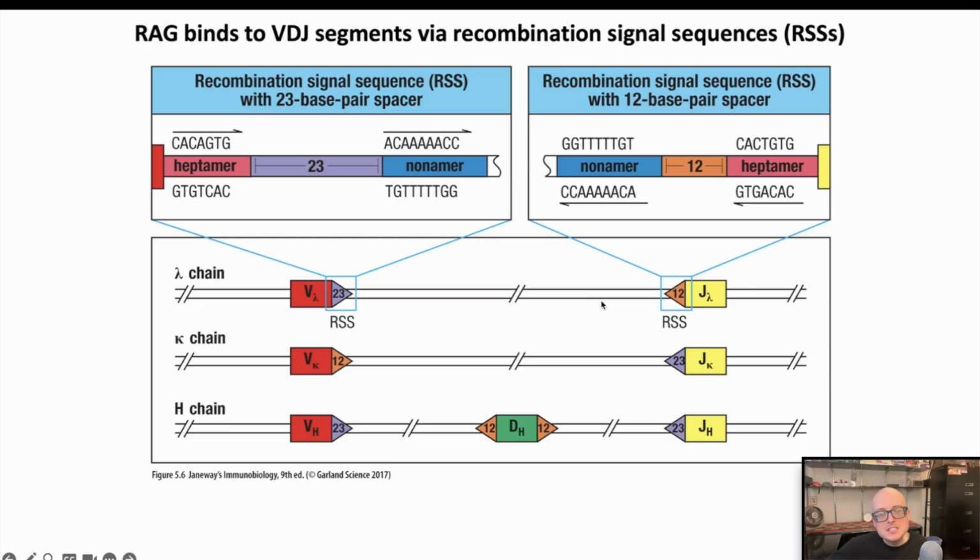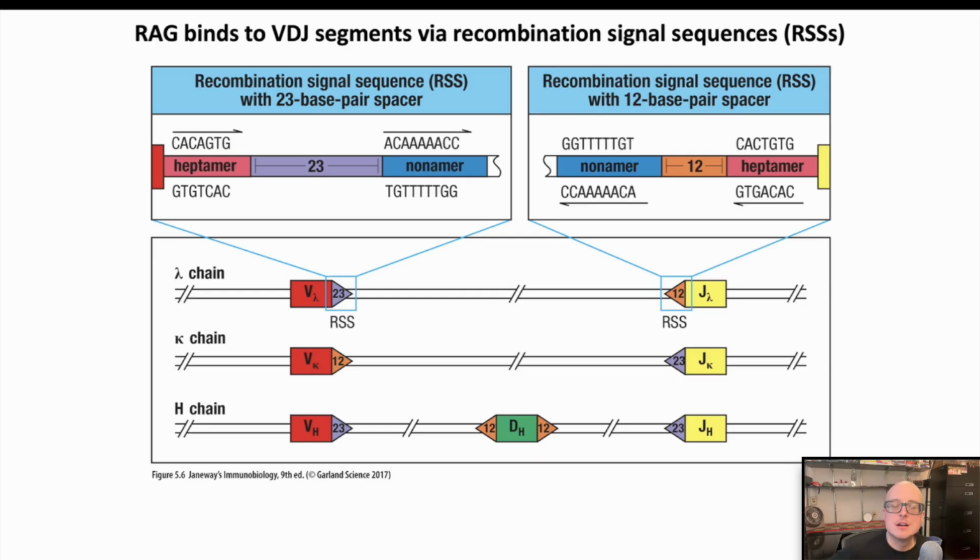And so for RAG to be able to bind a V segment and then a J segment and hold them in the right physical orientation to each other to recombine them, it needs to bind to one side of the helix and then the other side of the helix. And so these spacers facilitate that 3-dimensional conformation of the RAG enzyme being bound to the DNA.